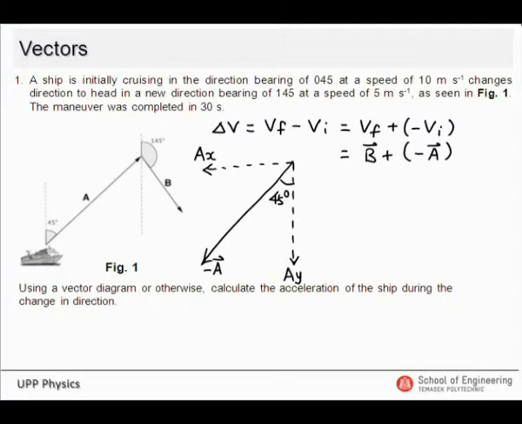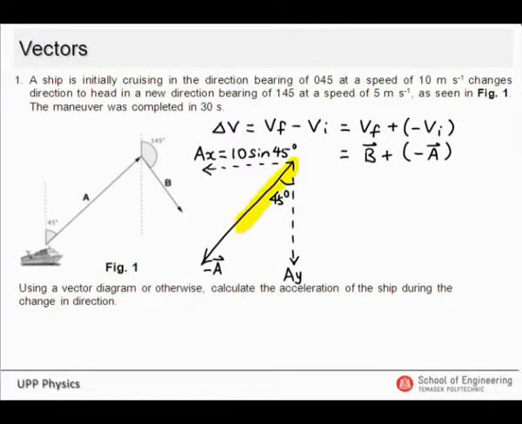Alright, so what is AX? Its magnitude is 10 because the speed is given as 10 meters per second, so the horizontal component will be given by 10 sine 45 degrees. Why? Because this AX component is actually the opposite side of this triangle you see here. Let me highlight the triangle for you.